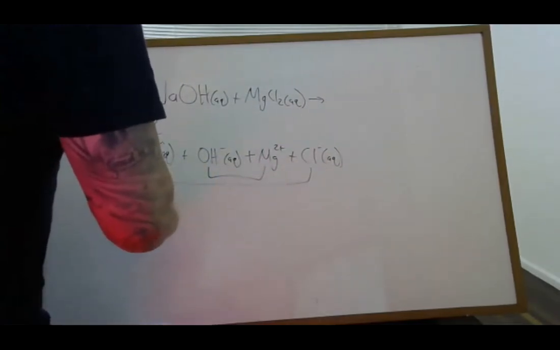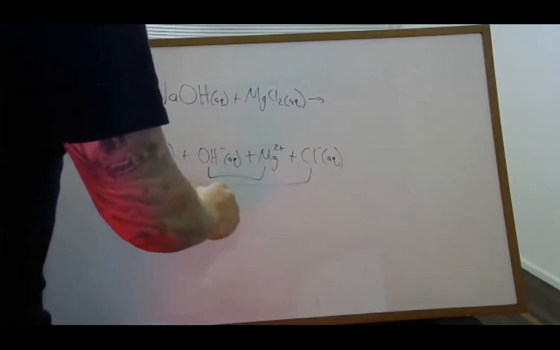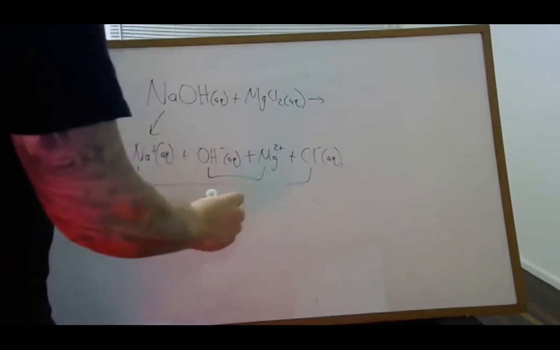So they make sodium chloride and magnesium hydroxide.